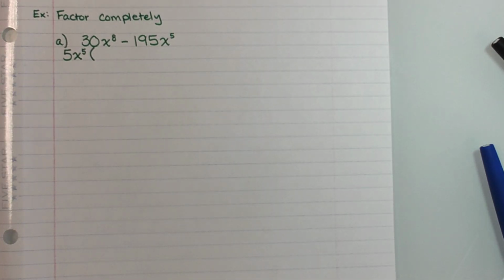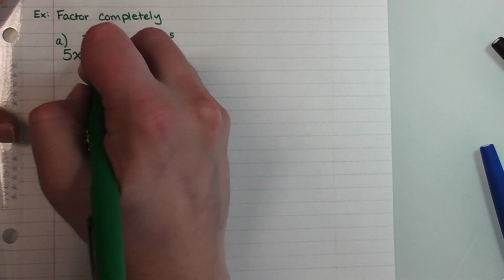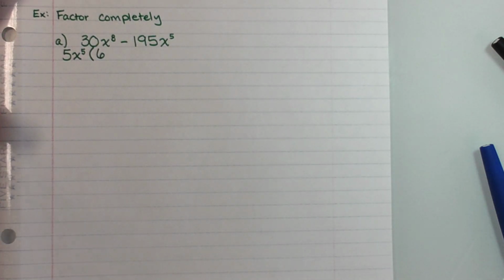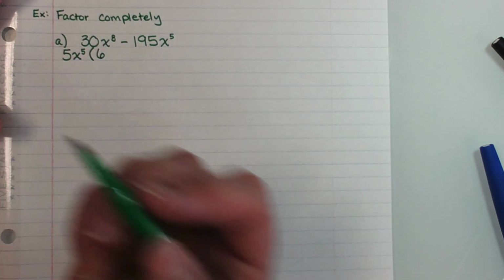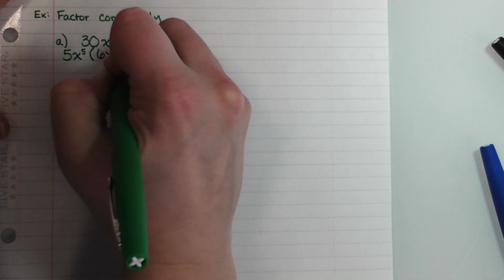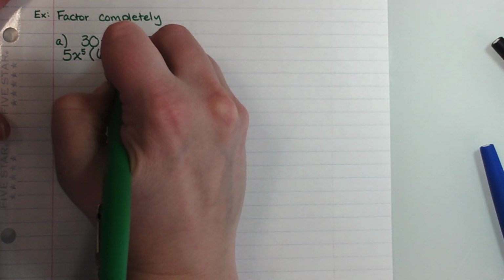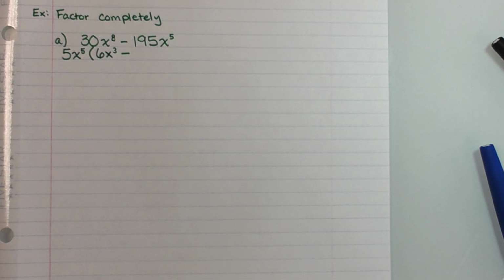Now, greatest common factor factoring is essentially dividing it out of each of the individual terms. 30 divided by 5 is 6. X to the 8th divided by x to the 5th would give me x to the 3rd. Okay, negative divided by positive is negative. 195 divided by 5.